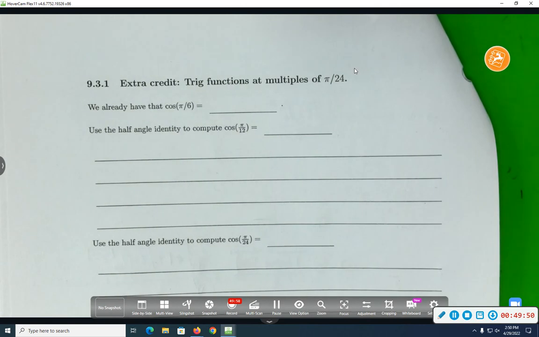Do you think you can compute trig functions at every multiple of pi over 24 using some stuff like this? If you can figure out pi over 12, then you can figure out pi over 24. If you can figure out pi over 24, then you can figure out 2 times pi over 24 by the double angle identity. So I should be able to figure out 3 times pi over 24 by angle addition, 4 times pi over 24 by angle addition, and so on. Nice.